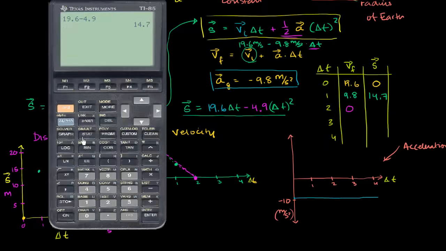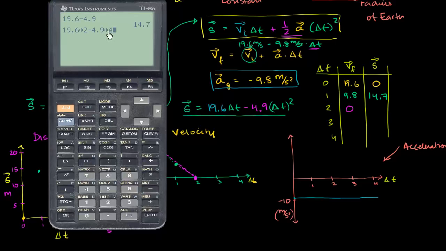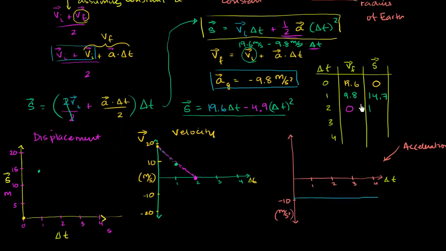We could do it by hand, but for the sake of quickness, 19.6 times 2 seconds, minus 4.9 times 2 seconds squared. So that's times 4. So that gives us 19.6 meters. Let me do that in magenta. We are at 19.6 meters. So after 2 seconds, we are 19.6 meters in the air. Now let's go to 3 seconds.